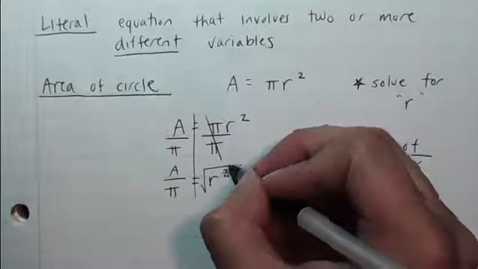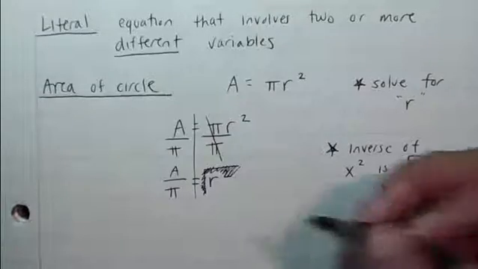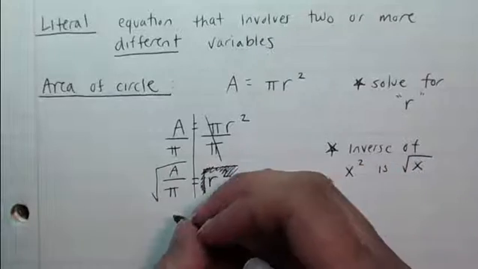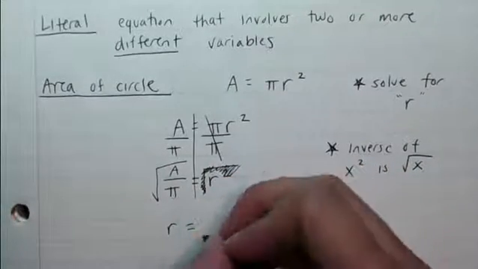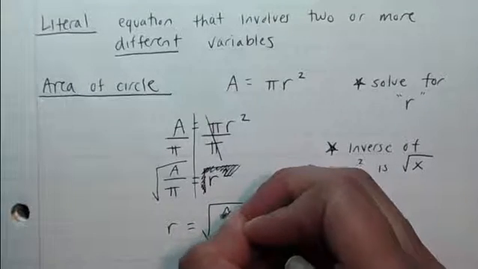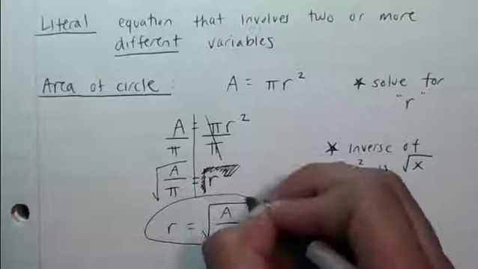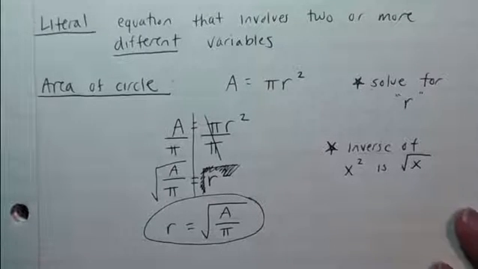Now that cancels out, so I'm going to squiggle that out. And whatever I do to one side, I have to do to the other. So my answer here, variables on the left, is r is equal to the square root of A, which is the area, divided by pi. And that's my answer because, again, we just want to simplify it to what we're solving for, which in this case would be r.